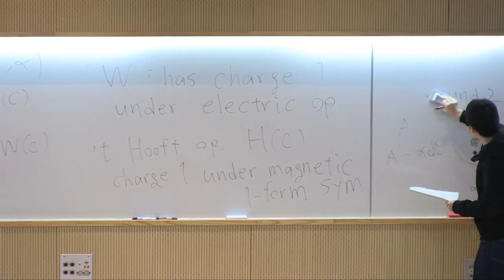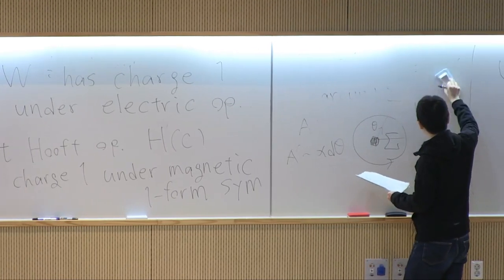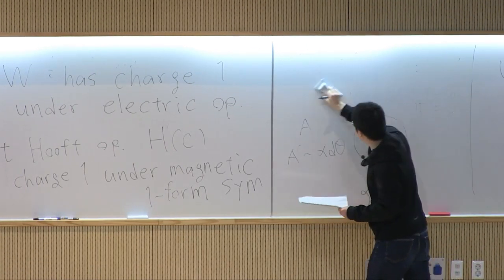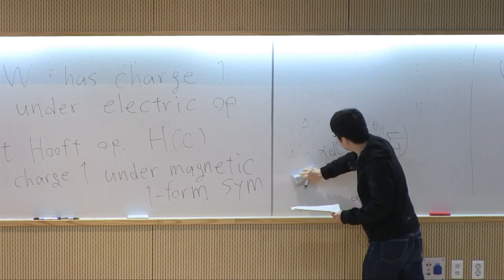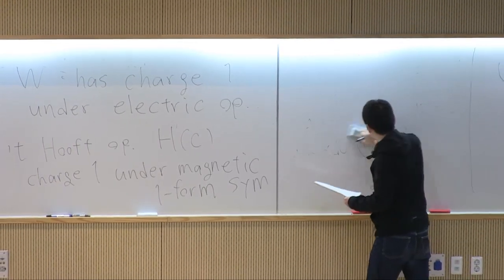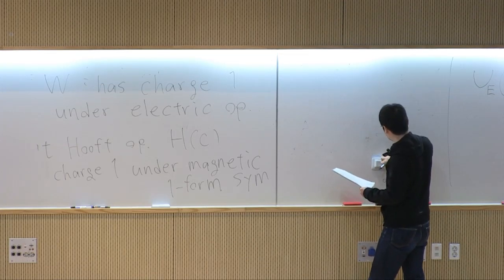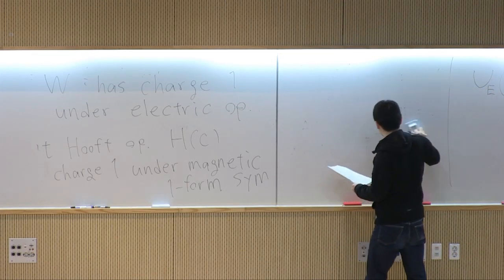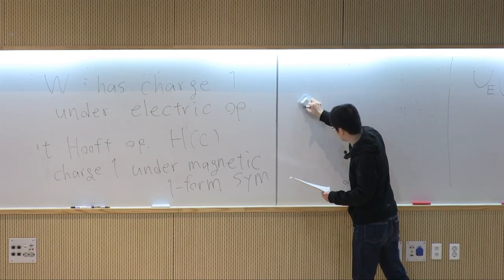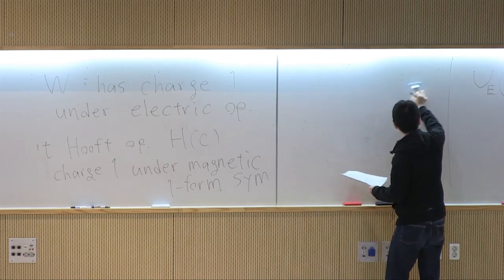This is also easy to see from the definition of the 't Hooft operator. The 't Hooft operator is defined as a singularity around which there is some magnetic flux of the gauge field.